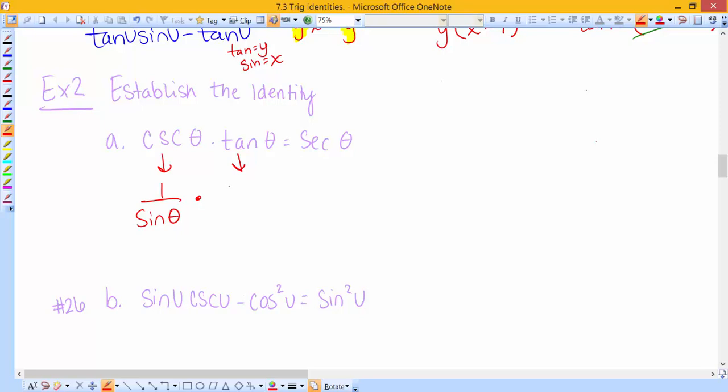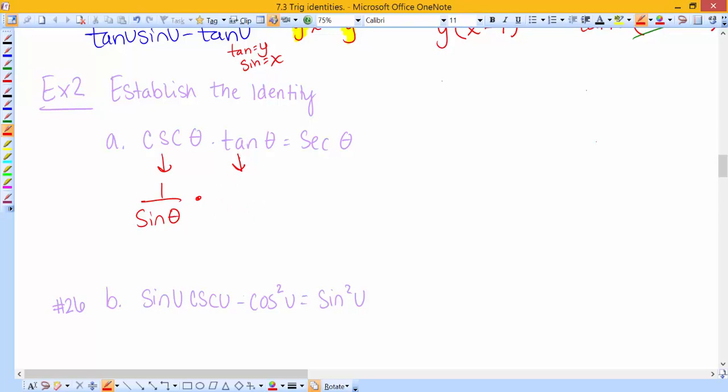But let's say that you did use 1 over cotangent. 1 over cotangent might not help you as much. So then you might have to say, oh, I can rewrite cotangent as cosine over sine, but now you're making too much work for yourself. So sometimes something we try might not work right away, and you might need to find a different pathway.